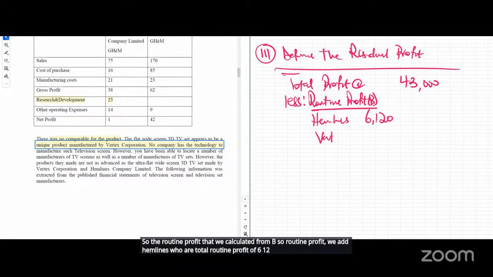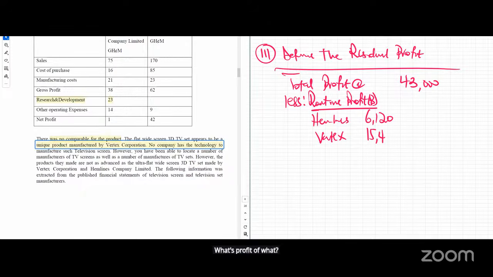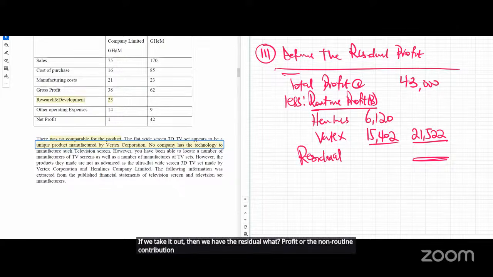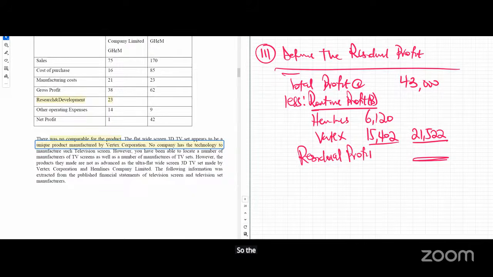Then we have Vertex, who has profit of 15,402. So the total profit that comes from their routine functions gives us 21,522. If we take it out, then we have the residual profit, or the non-routine contribution. So the residual profit is 21,478. Right? So now we are done.